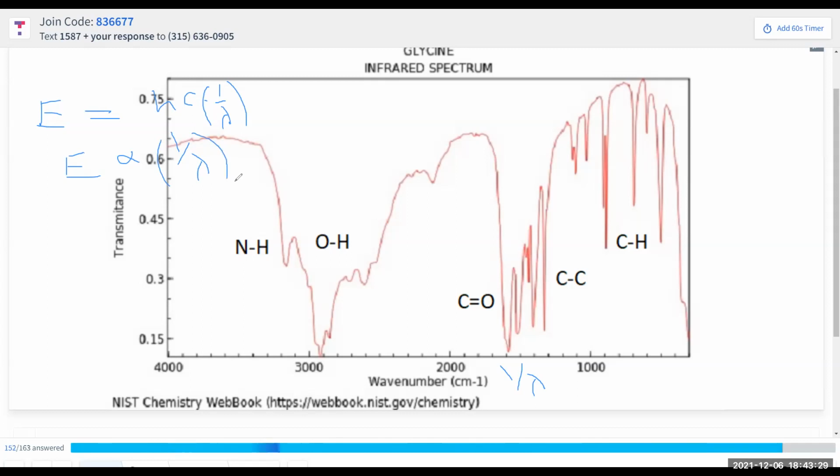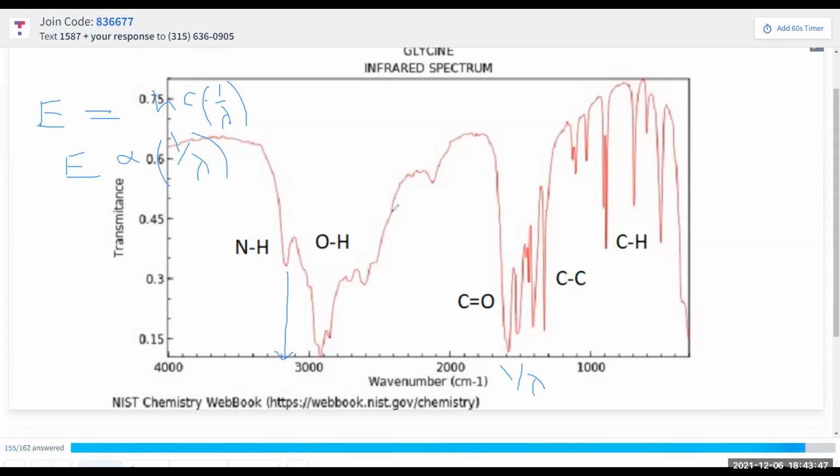Higher the wave number, higher the energy. So in this case, we have the highest energy peak for NH somewhere on here. Therefore, that should correspond to the highest energy IR transition.